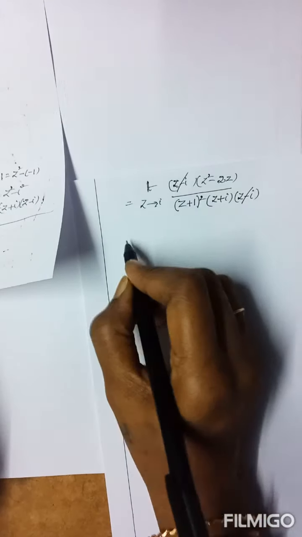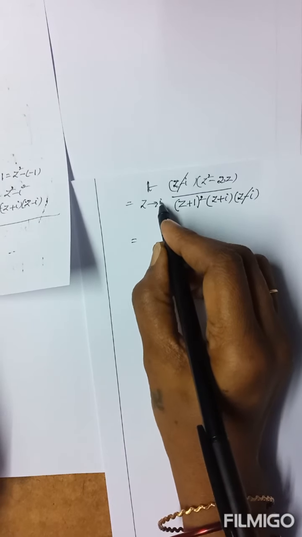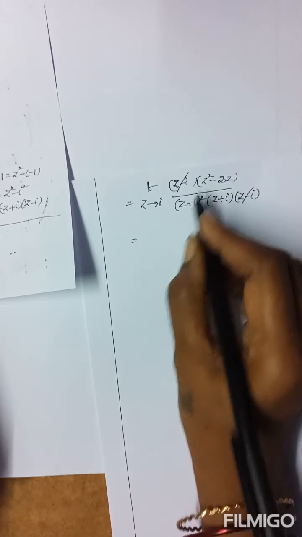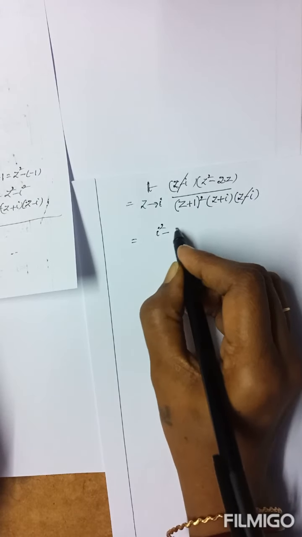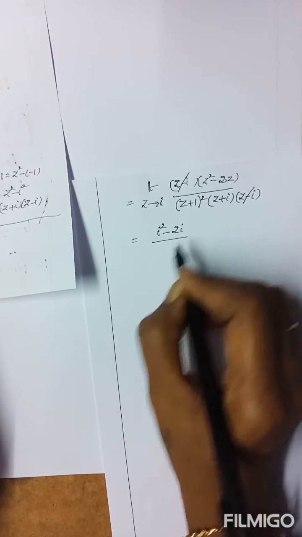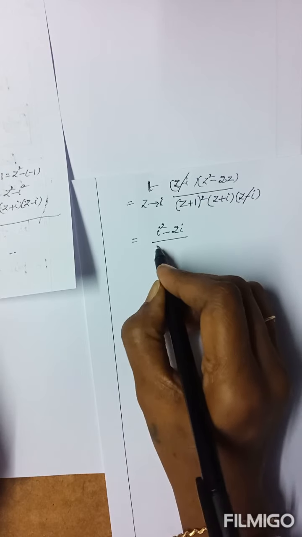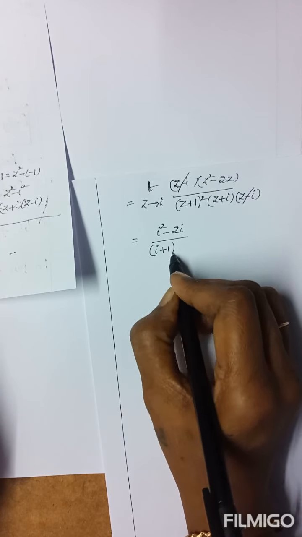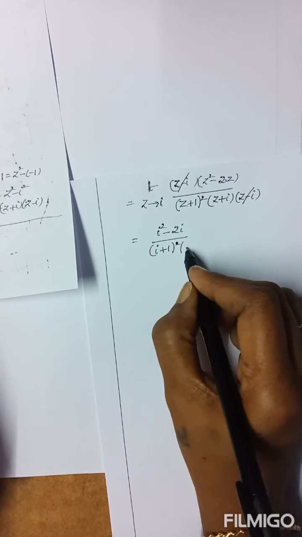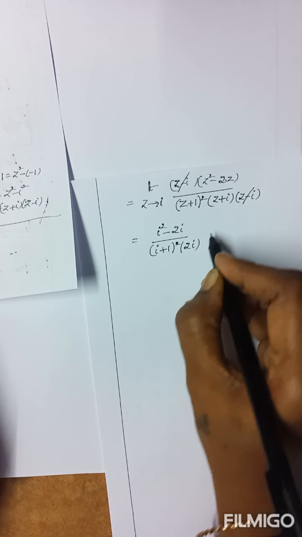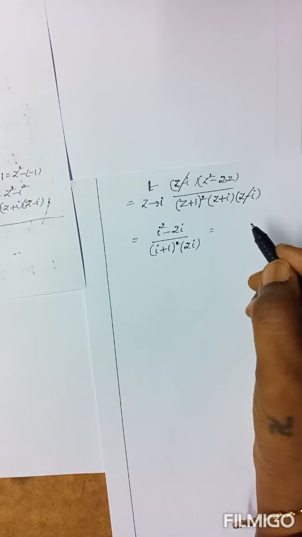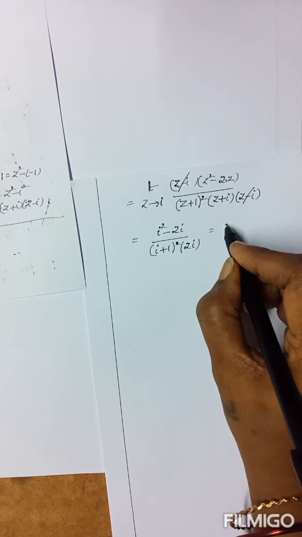Now these two get cancelled. Now you can substitute z equals i: i square minus 2i by i plus 1 whole square. i plus i is 2i. Here i square is nothing but minus 1.